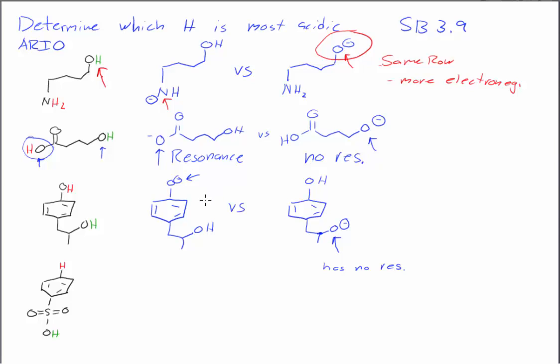However, this O- does have resonance. You should recognize it as an allylic lone pair. Now we can draw resonance. I'll try to use a different color here. Following these two arrows, which gets us to this resonance structure here.